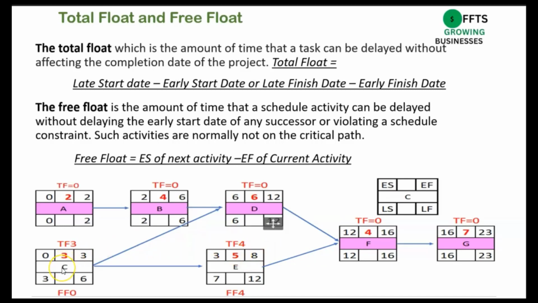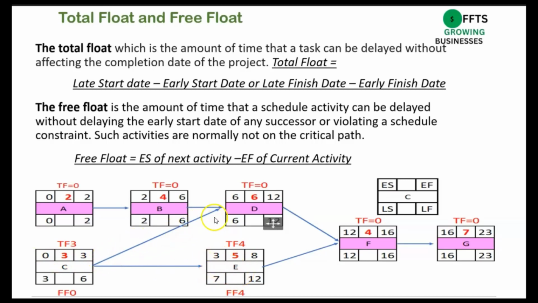However, when we look at activity C, the early start of activity E is 3, and the early finish of activity C is 3. So you cannot delay activity C at all, or it will delay the subsequent activity.